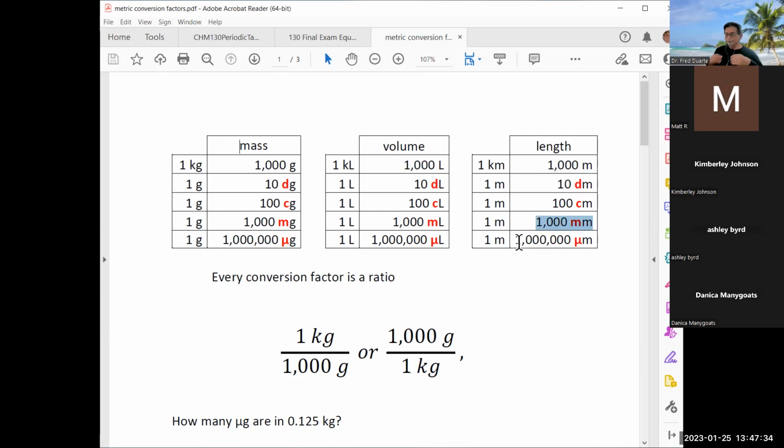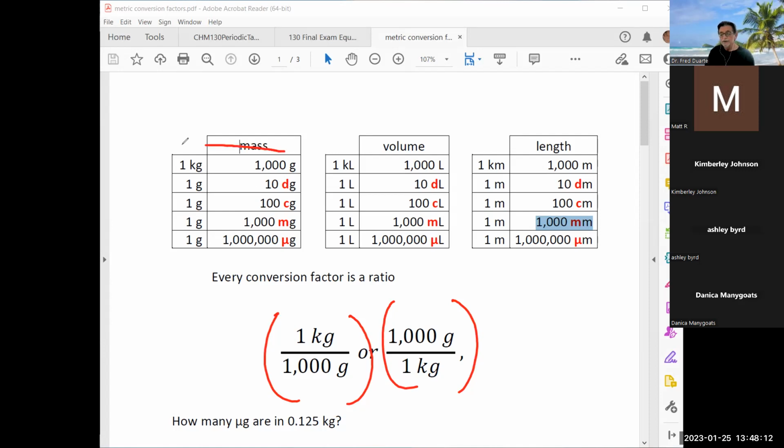Okay, so what we have here is conversion factors for you to go from 1 unit, go from grams to micrograms, and so forth. Now, for every unit conversion factor, there is a ratio that we can set up, either in this form, where we have 1 kilogram in the numerator and 1,000 grams in the denominator, or invert it and have 1,000 grams in the numerator and 1 kilogram in the denominator.